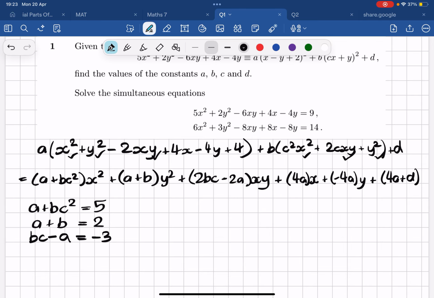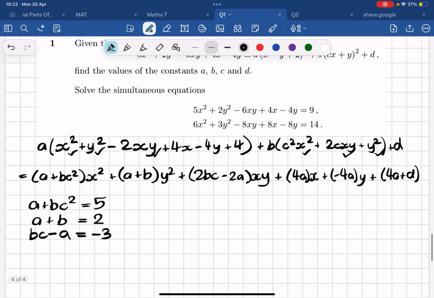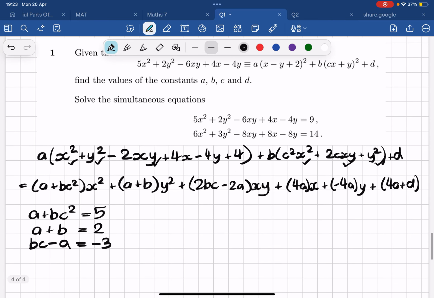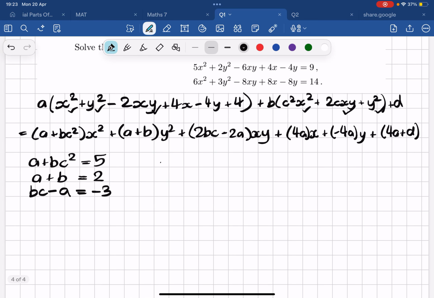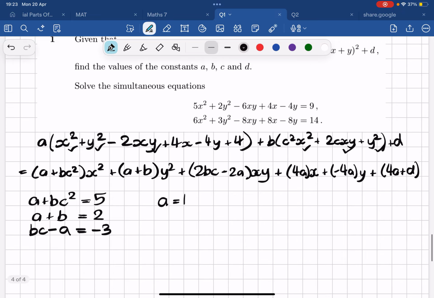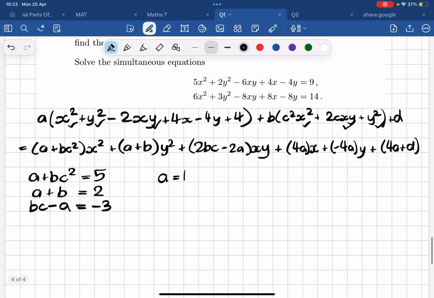We have bc minus a equals minus 3. 4a equals 4, so that means a equals 1. Let's just write that here on the side. And then 4a plus d equals 0.